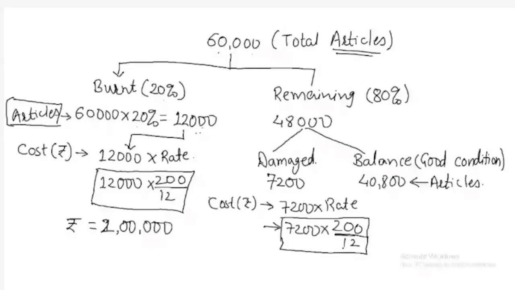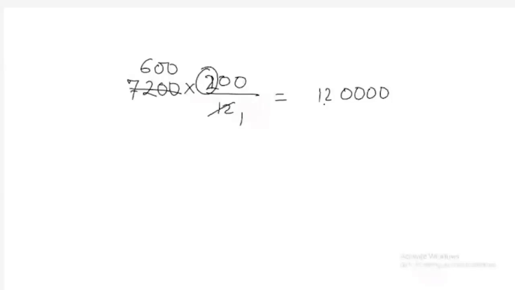दोस्तों क्या कर रहे हैं आप लोग? 7,200 into 12, sorry, into 200 upon 12. 12 ones are 12, 12 6 are 72, ये 200 है. हाँ, okay, so 600 into 200, how much?